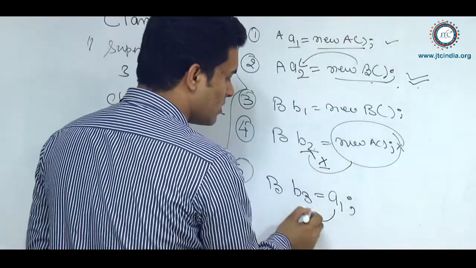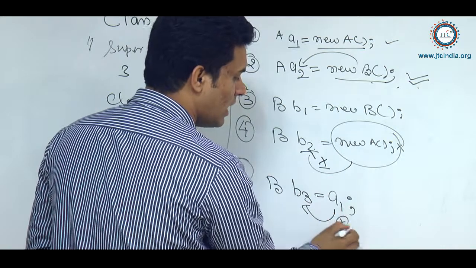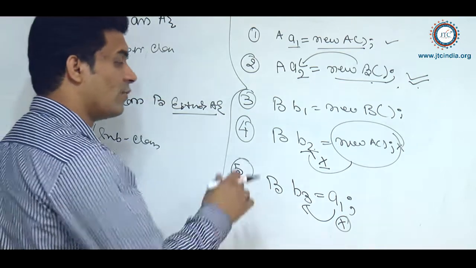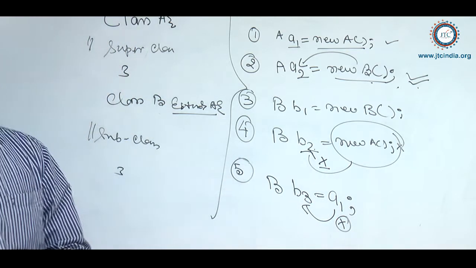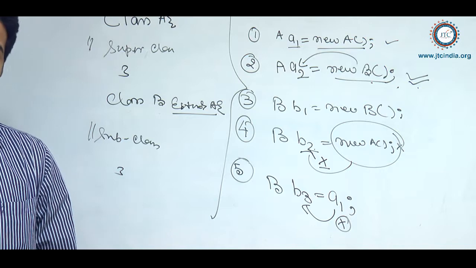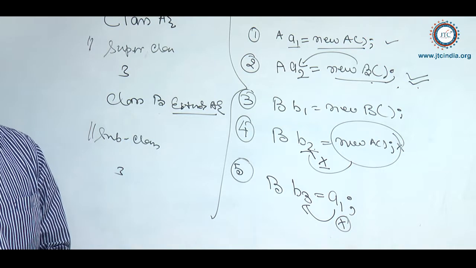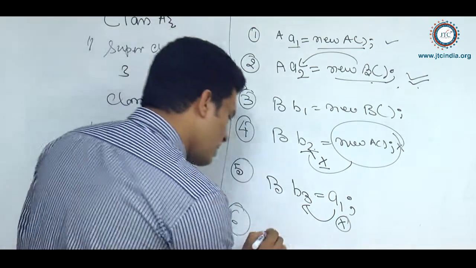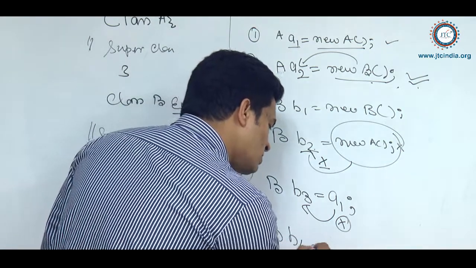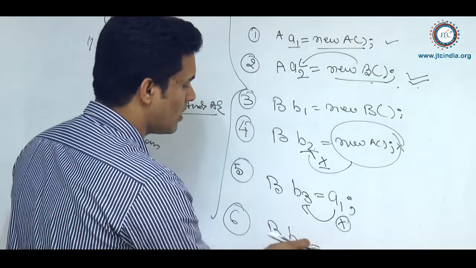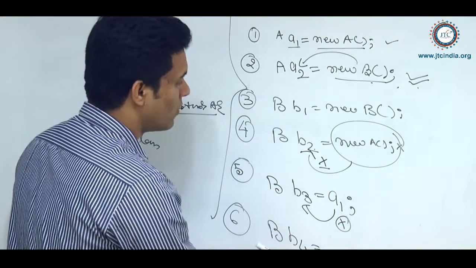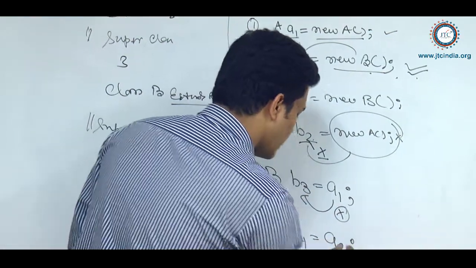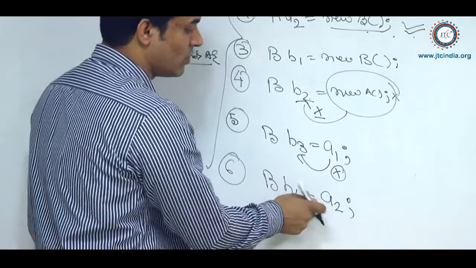So if we assign this to the subclass, we cannot; it will throw an exception, java.lang.ClassCastException. Again, the sixth one: B b4 = a2. I am writing a2.